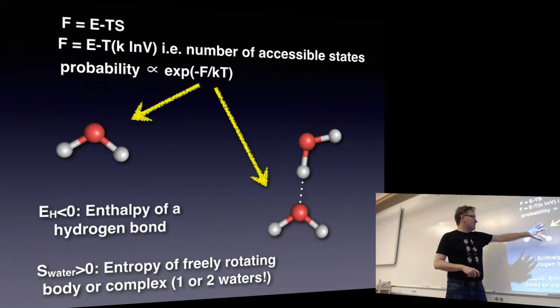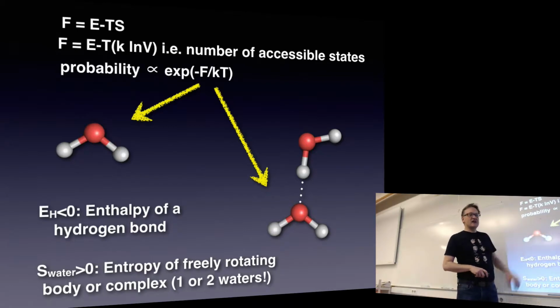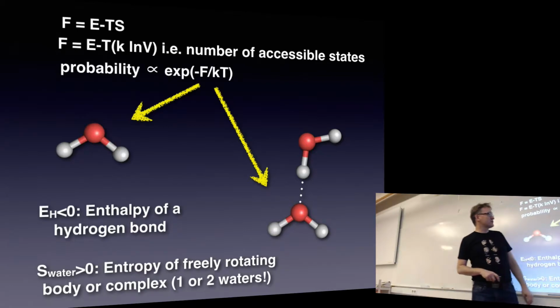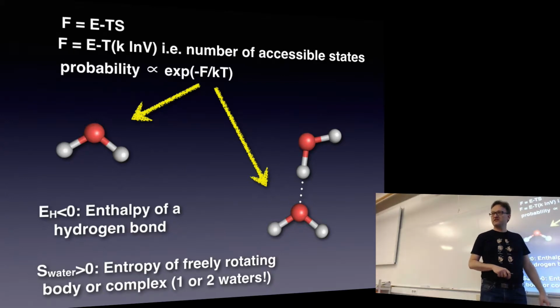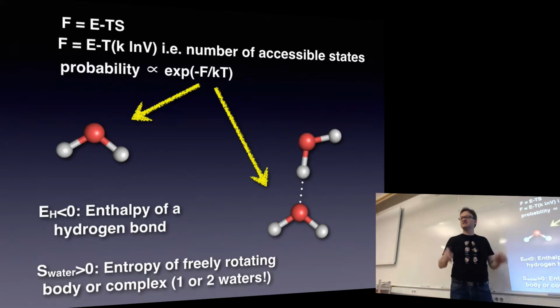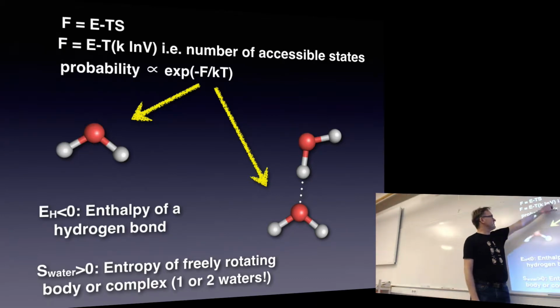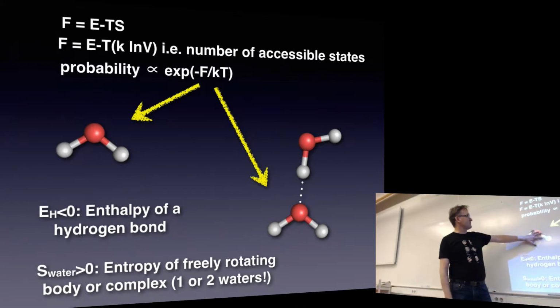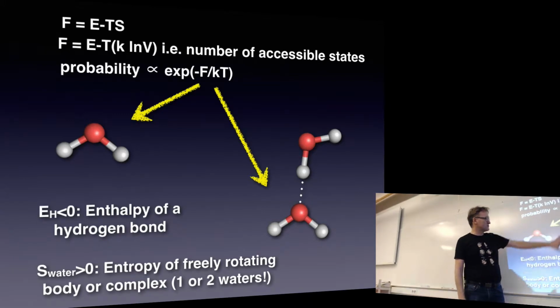In this case, we have one macroscopic state where the hydrogen bond is not formed, and another macroscopic state where a hydrogen bond is formed. But for each of those high-level states, there is a gazillion of small states, how this molecule can rotate internally and everything. So the volume here really corresponds to the number of ways we can arrange this molecule versus those two molecules.